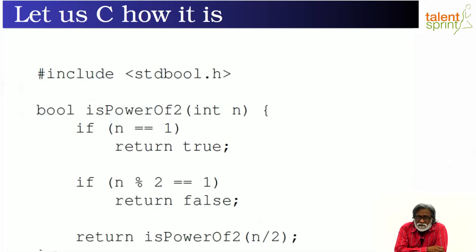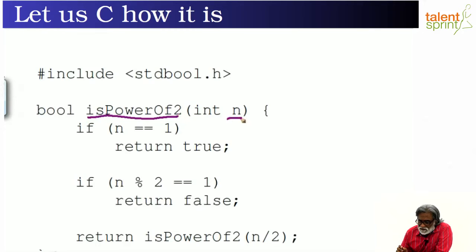Boolean is a data type, but in order to use it, you must include the stdbool.h header. So I have added this. It is simply defining one function called e power of 2. That function takes one integer argument. As you can see, the function's name is e power of 2. It takes one integer argument. It returns a boolean.